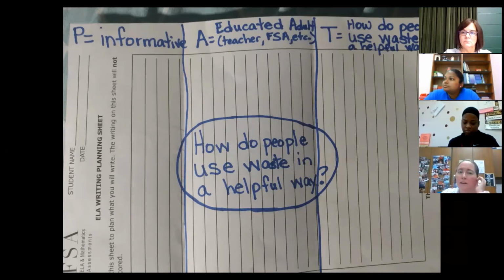I find too that, like what Singleton was saying for audience, when you say teacher, they know it has to be written without text talk, and you may have to say that to them. Exactly. When you write to me, I expect you to use language like we practice. Some kids are going to try to put text talk in there. And if they do it in an elaborative form, like say there's something and it's cute, they can do it a little bit, but I wouldn't encourage that.